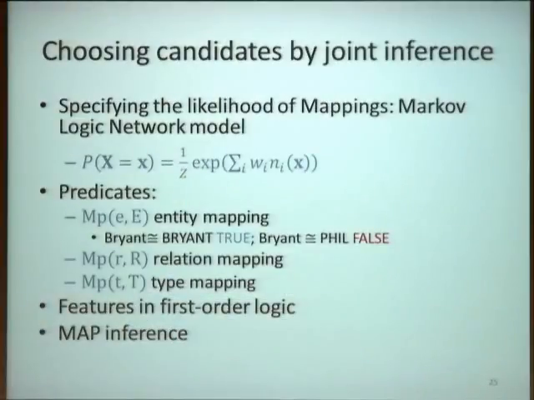The probability of an event in Markov logic is determined by the number of satisfied rules times their weights. In our work, we have three kinds of predicates: one for entity mappings, one for relation mappings, and another for type mappings. We write these predicates together in first-order logic rules.